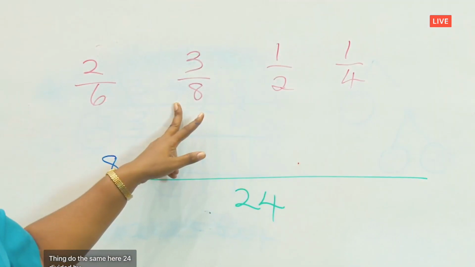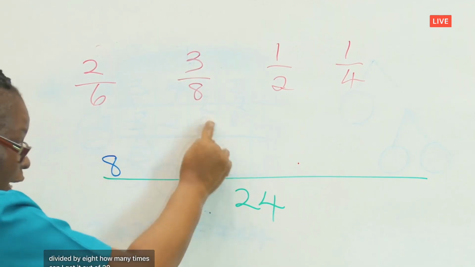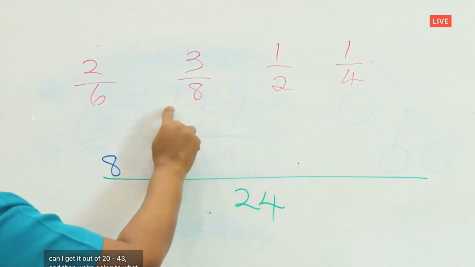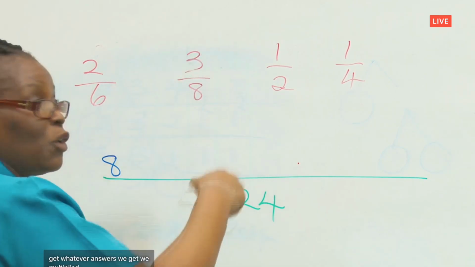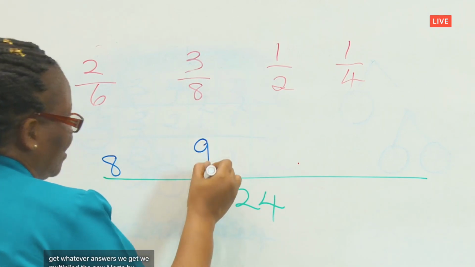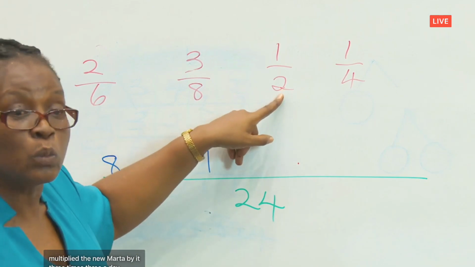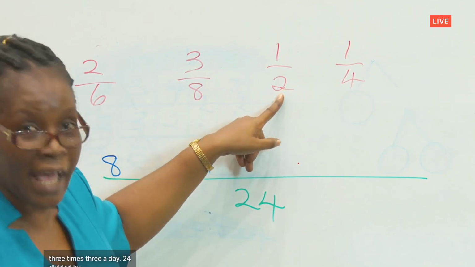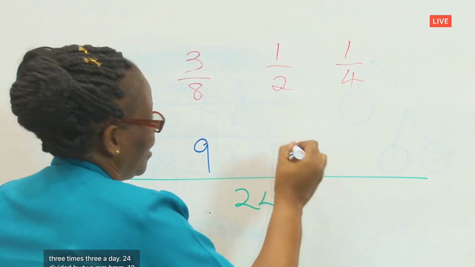Did we get 8/24 over here? Yes. So it's the same thing. We do the same here. 24 divided by 8. How many times can I get 8 out of 24? 3. And whatever answer we get, we multiply the numerator by it. 3 times 3 would be 9.